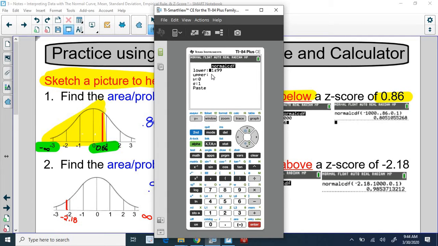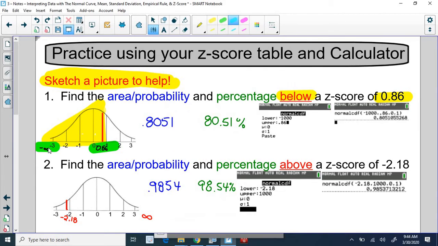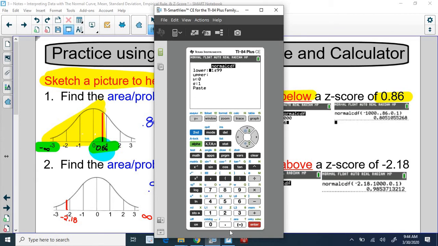What I'm trying to look at here is simply the domain: negative infinity to 0.86. So it'll suffice to just put in negative 1,000 here. And then I put in 0.86, and then I run the program by simply hitting enter. It runs the program and finds the exact same amount that I saw on the chart.